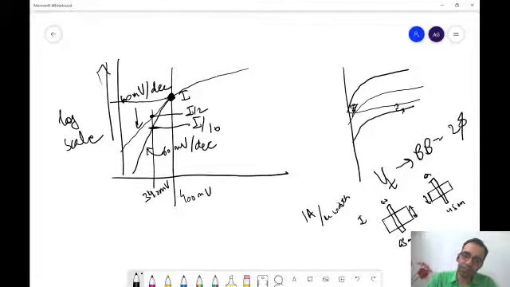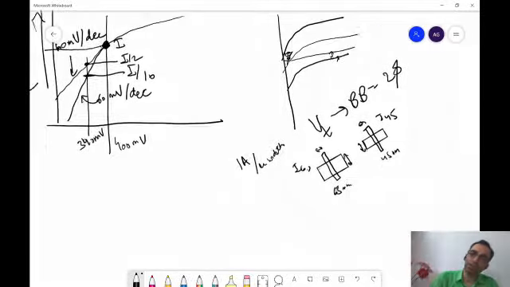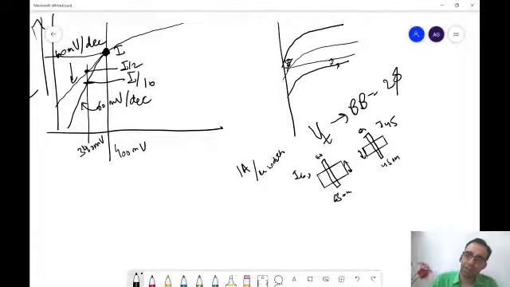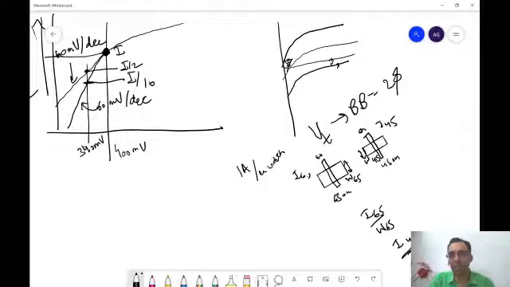If this is I65 and this is I45, and this is W65 and this is W45, then I will simply look at I65 by W65 and I45 by W45. If W has reduced, I will also reduce. So current also reduces with technology, but since you normalize it per micron width, it is not a challenge.